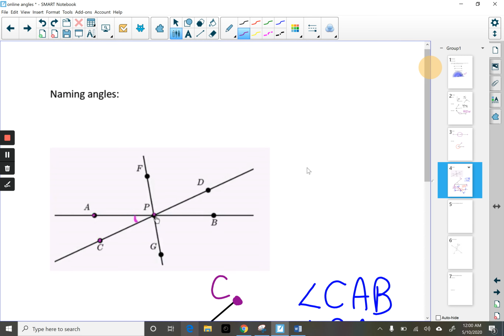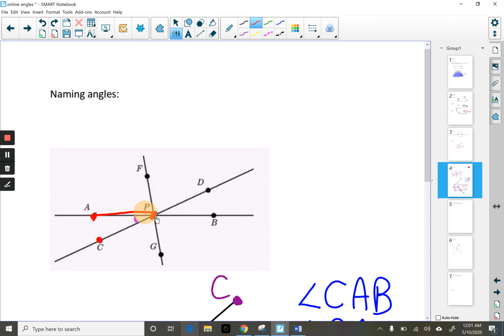So if I want to talk about this one I already have labeled here, what angle is that? Well, I'd have to start with what the two points are on the lines. A and C, P make up that angle. And it doesn't matter where I start.